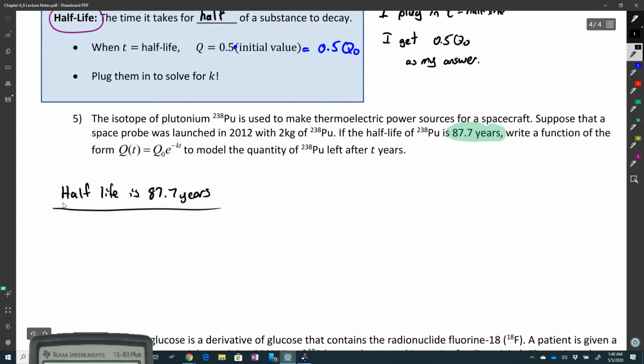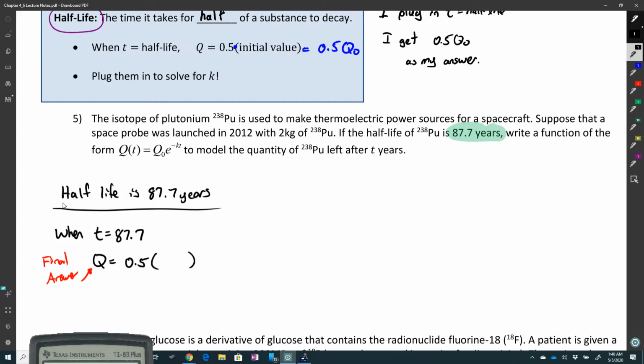So that means that when t equals 87.7, Q, remember Q is the final answer, is equal to 1/2 times my initial value.